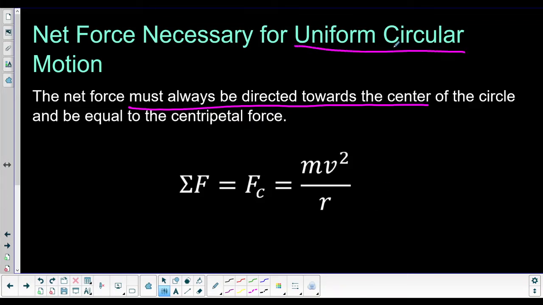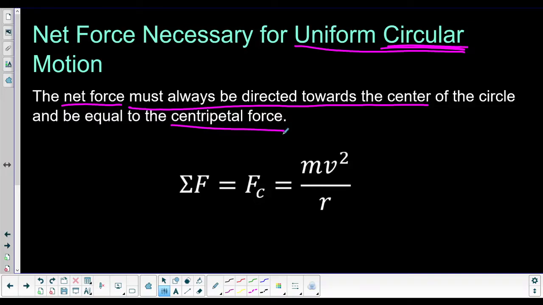You could still have circular motion, right? You could still go in a circle, but you'll be speeding up or slowing down, and we're not quite there yet. Okay. The net force must be pointing towards the center of the circle and be equal to the centripetal force. Okay. We're getting a lot of new vocab here.